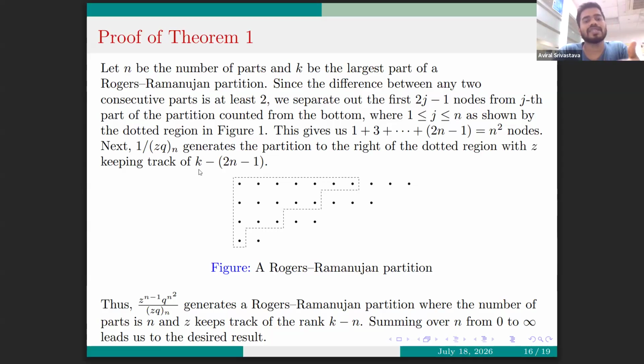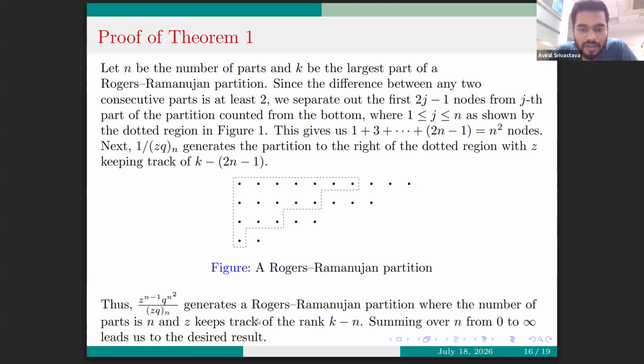Now since the power is k minus 2n minus 1, and rank is defined as the largest part minus the number of parts, that is k minus n in this case, we need to multiply this extra factor z raised to n minus 1, so that the z power is exactly k minus n. Hence, multiplying everything together, you have q raised to n squared over (zq)_n, and then the extra factor z raised to n minus 1, so that z actually counts the rank.